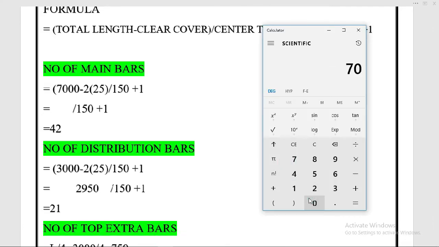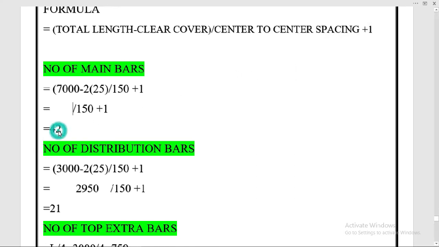7000 minus 50 is 6950, divided by 150 is 46, plus 1 is 47.33. In total we require, taking it as 48, main bars for our slab, having a longer span of 7000 and a shorter span of 3000.